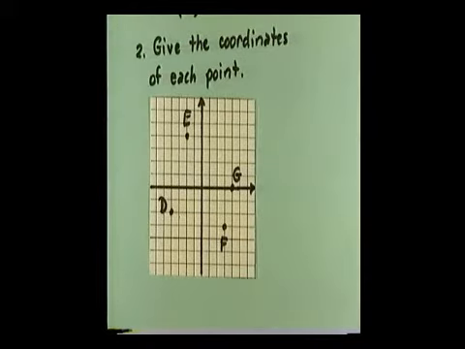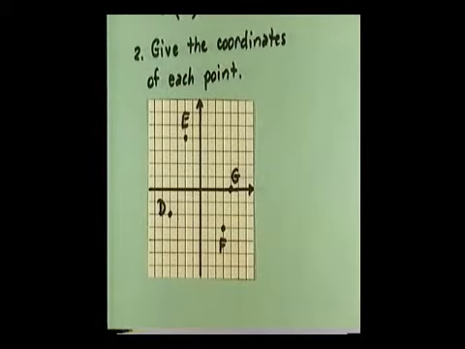That should give you enough to be able to count the values for each of these points, D, E, F, and G. Be sure you've got them accurately copied. Then stop the tape, work the problems, restart the tape, and check your answers.